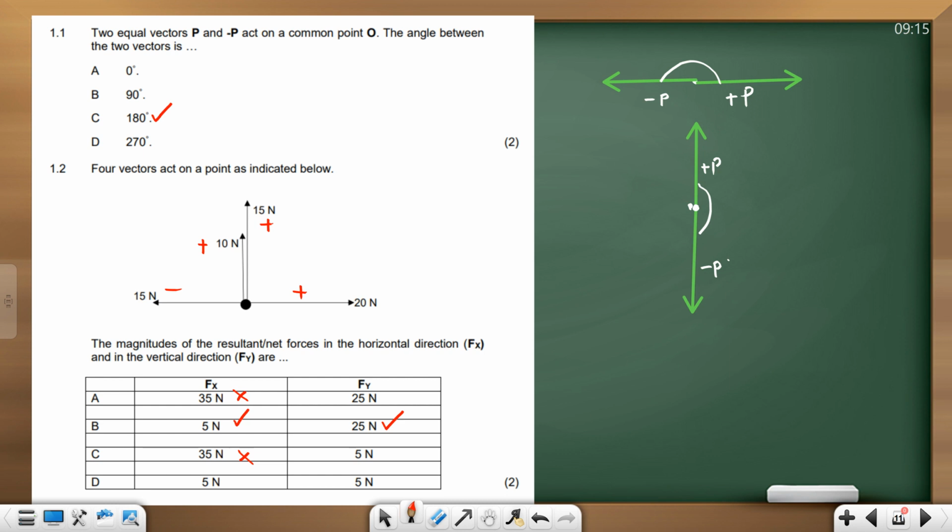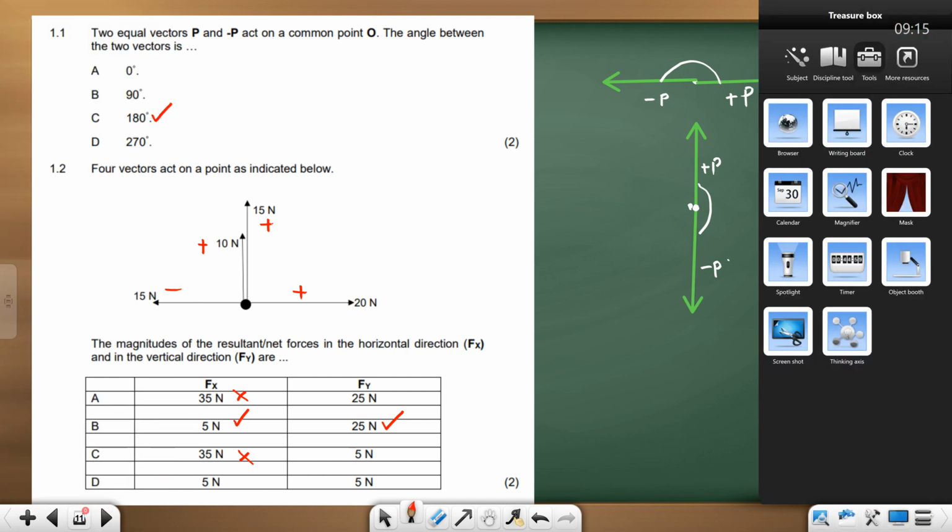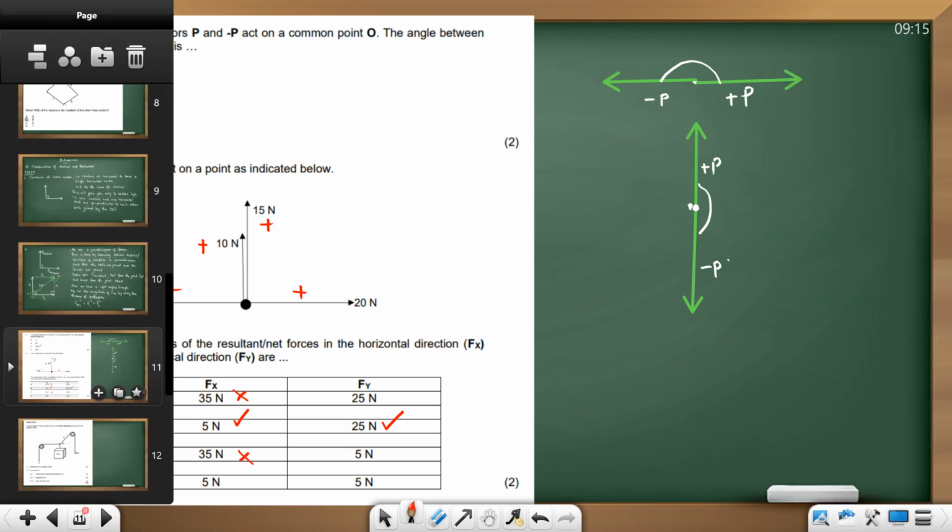All right, guys. I am going to use number 2 to show you how to get resultant force. I'm going to be very fast now on this because I want to get to how to resolve components of forces today.